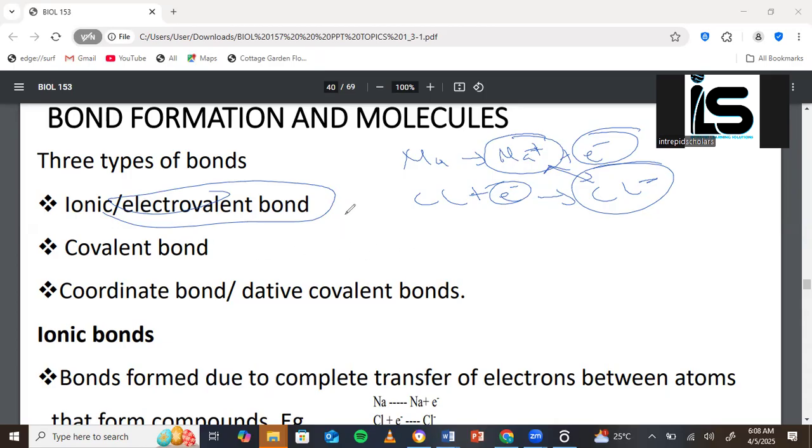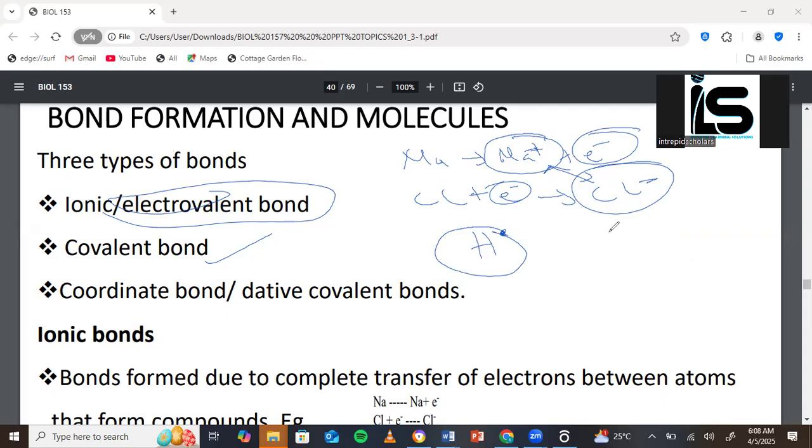Now, the next one is the covalent bond. A covalent bond is sharing of electrons, which are equally contributed by the species. And so you can have something like hydrogen. Hydrogen has one electron in the outermost shell, but it needs two to fill the shell.